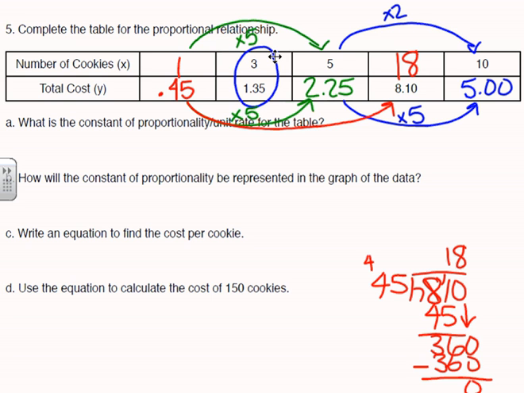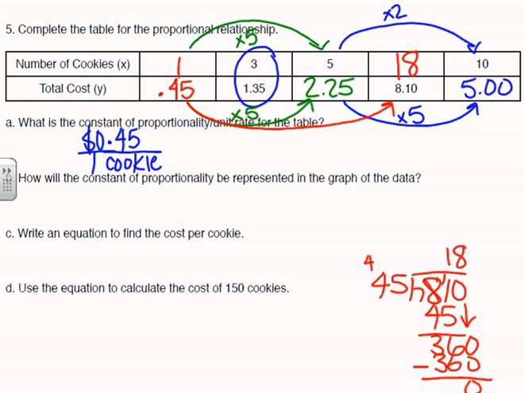All right, part A, what is the constant of proportionality, unit rate? Unit rates must have a denominator of 1. So in this case, we're going to have to flip it. So this is 45 cents. We're going to write this as $0.45 is the cost for one cookie.